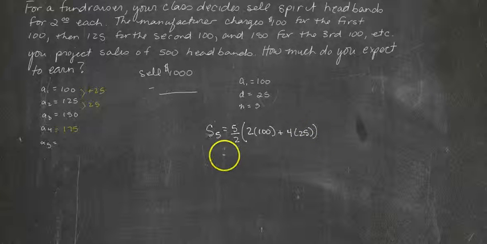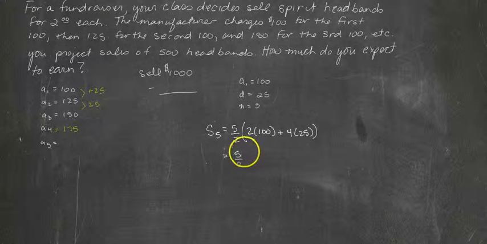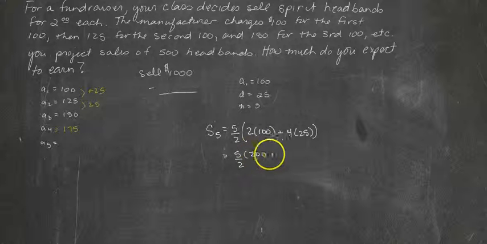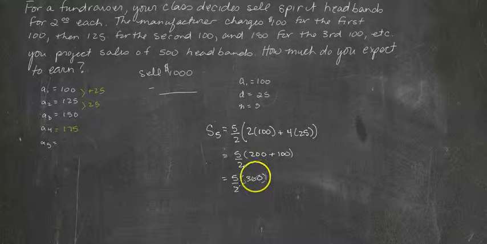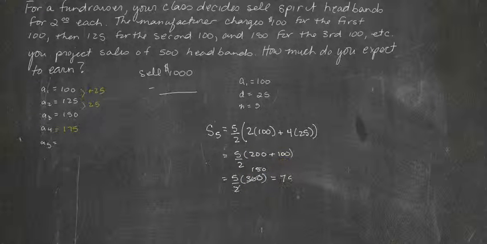Let's calculate this out. 5 halves times 200 plus 100. 5 halves times 300. Cancel, 150. So 5 times 150 is 500 plus 250 is 750. So we are going to pay $750.